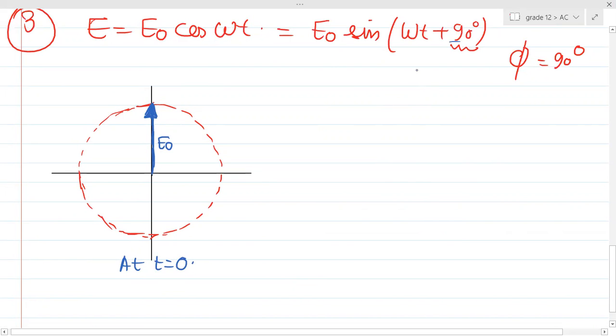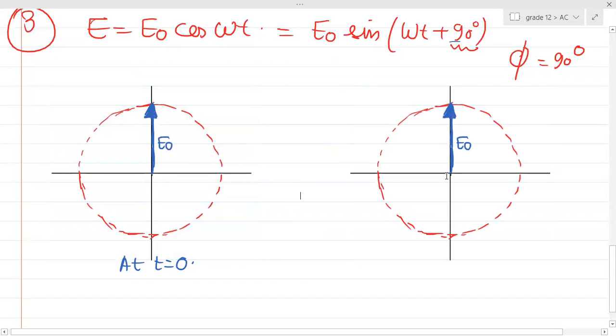Now at t equals to t, if you try to draw it, this phasor will come somewhere over here. Are you getting my point? I'm still rotating it anti-clockwise. So this angle will become omega t. This was the initial position, and now again you'll draw this thing.